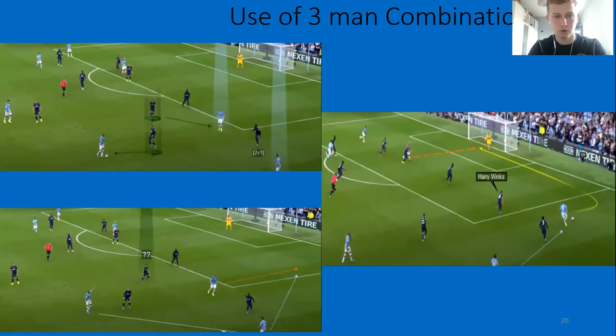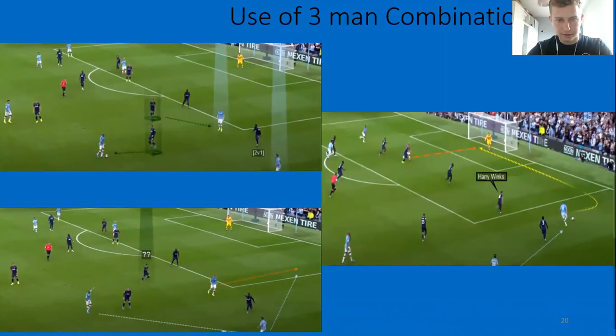Even though there's more defenders in that picture than there is attackers, their positions are better. So that means they can do more damage. So you can see at the bottom picture, pass out to Bernardo. It's that same one we saw a second ago. And then he's looking for the run into the half space, little ball in behind. And then De Bruyne does one of his typical trademark crosses. And I think they score from that. That was against Spurs last season, for any Spurs fans on here.